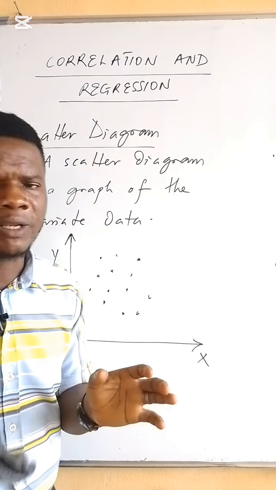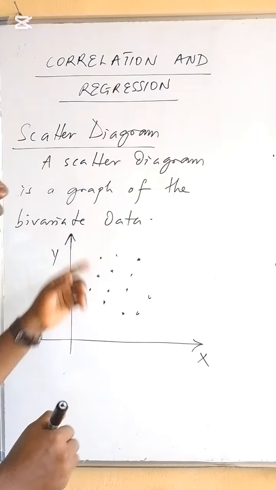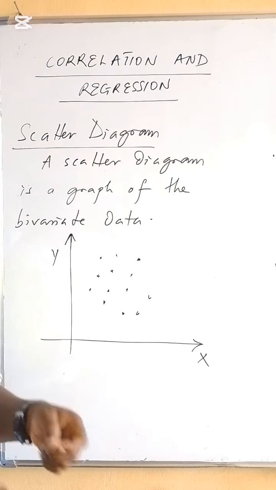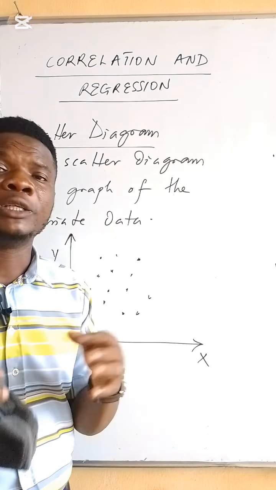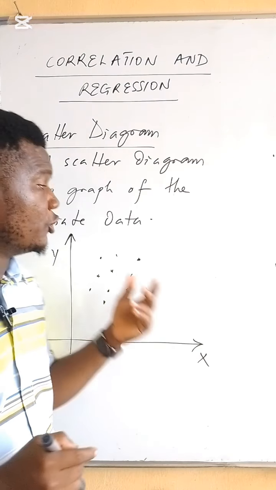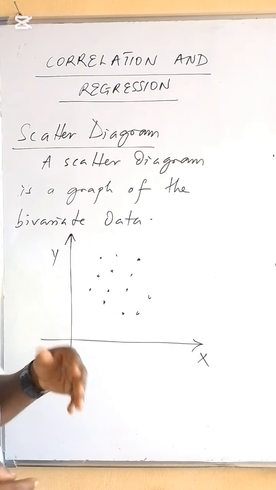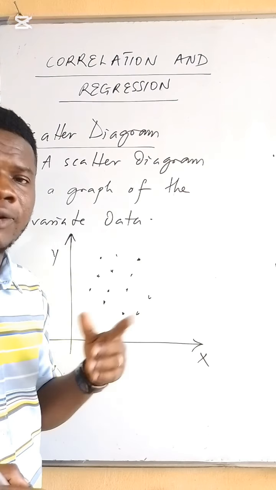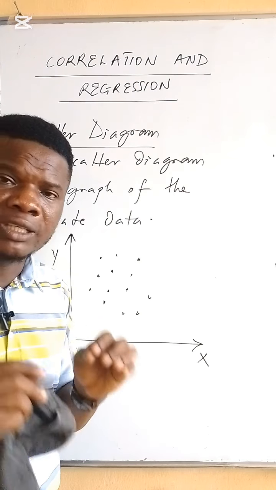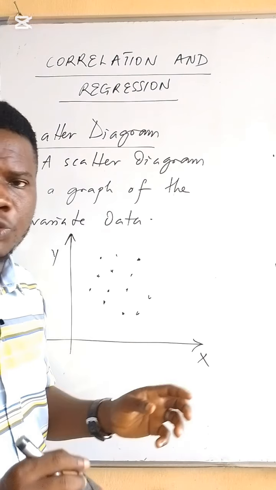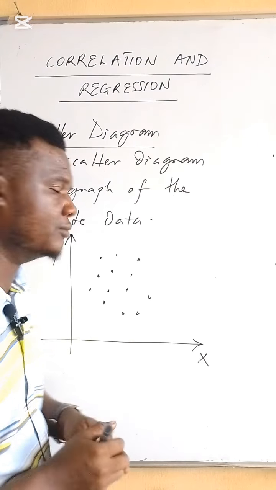The scatter diagram can be used to show what type of correlation you are discussing. Meaning that you could be discussing a linear correlation case, or a non-linear correlation case. We are going to be using the scatter diagram quickly to show the difference between these two. So let's see how that is done.